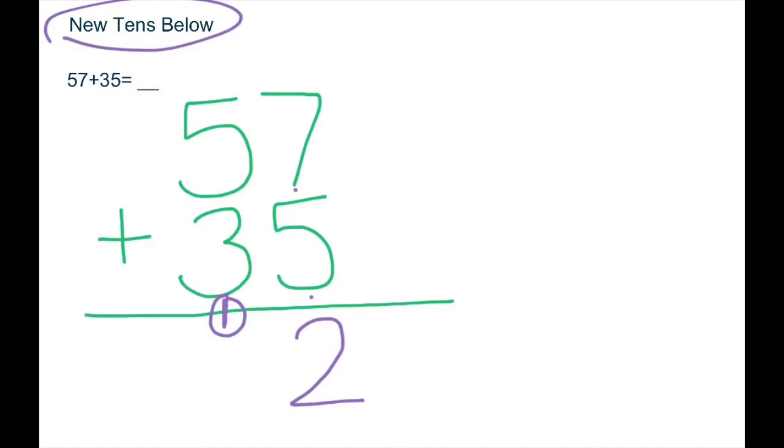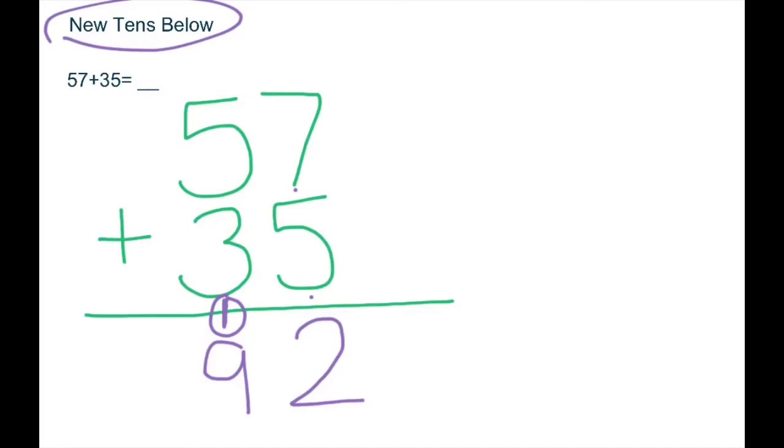Now I'm going to add all of my tens. 5 tens plus 3 tens is 8, plus my additional 1 ten equals 9 tens. 92 is my answer.